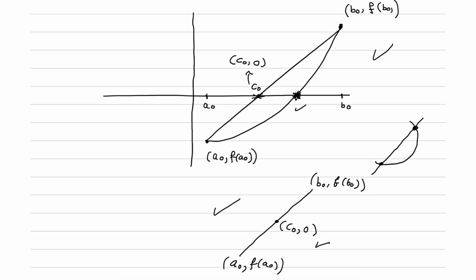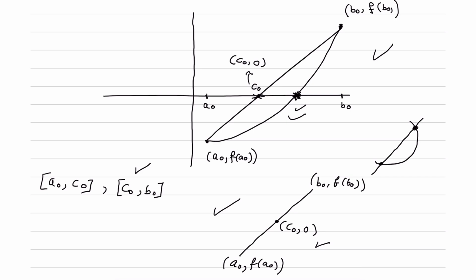One part is a naught c naught and another part is c naught b naught. So what is the next interval in which the root lies? Is it a naught c naught or c naught b naught? We can see that the root lies here. So the next interval is c naught b naught.